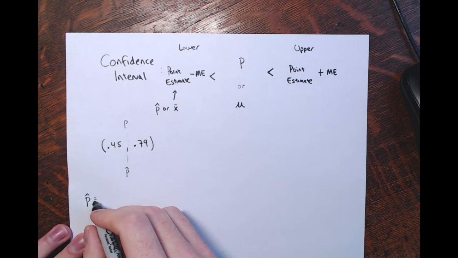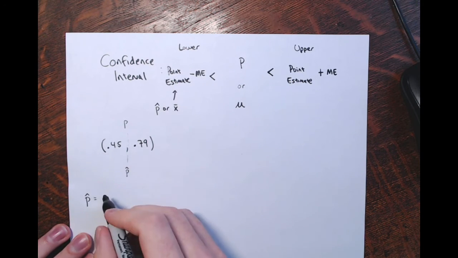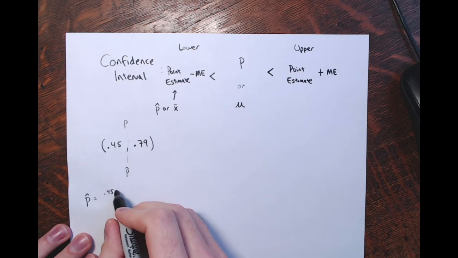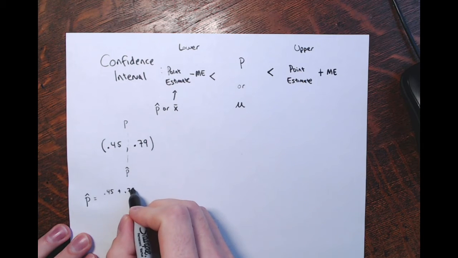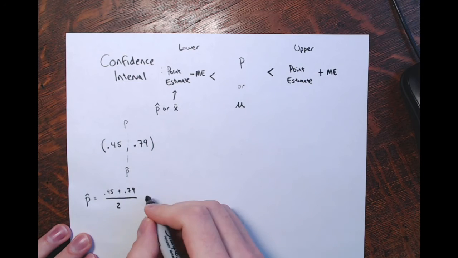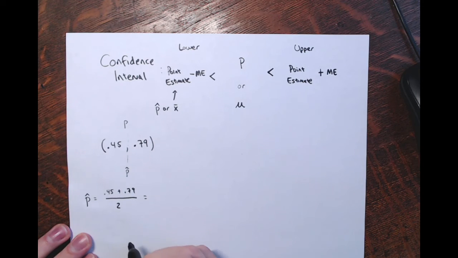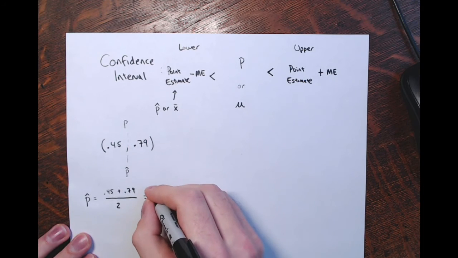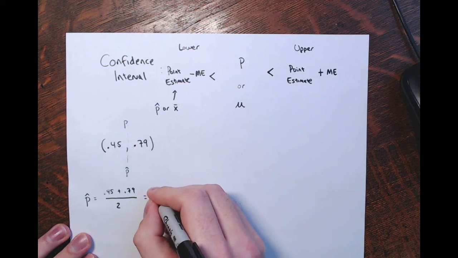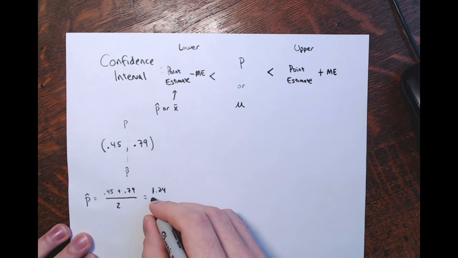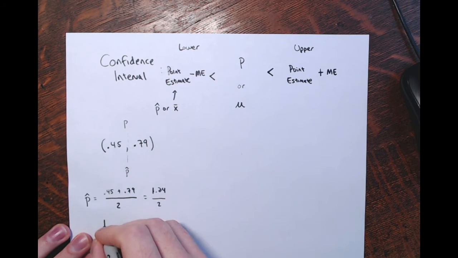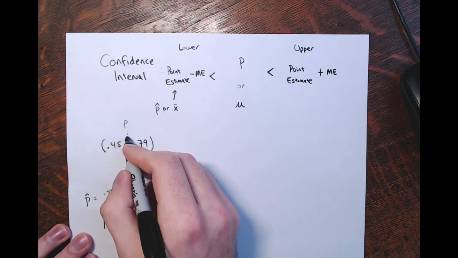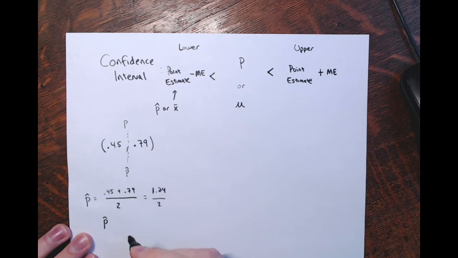We could find that sample proportion by finding the middle, which is just the average: 0.45 plus 0.79, and then divide that by 2. Adding these up gives 1.24, and cutting this in half, the very middle of the interval, halfway between the lower and upper bound, is 0.62.